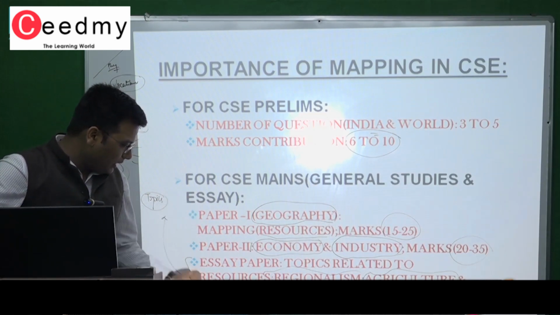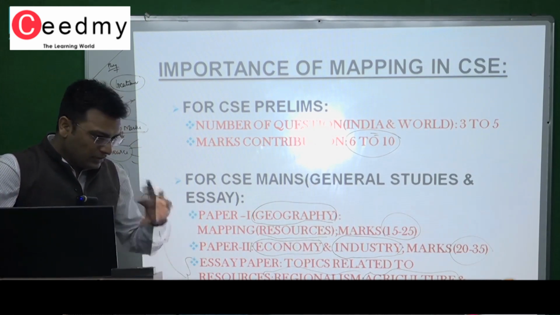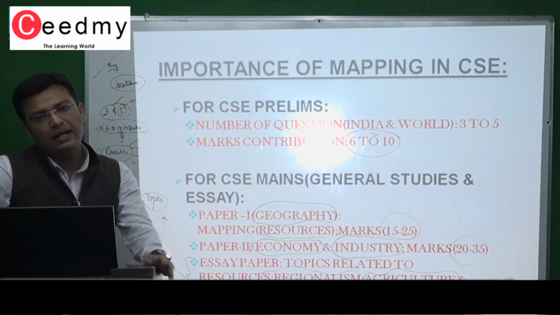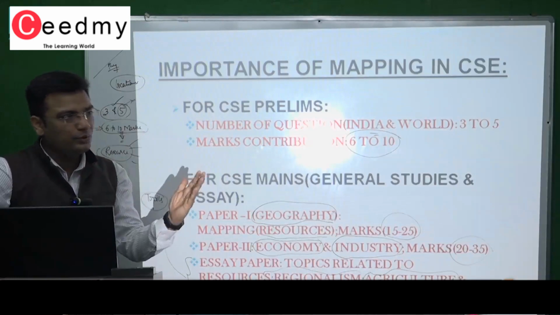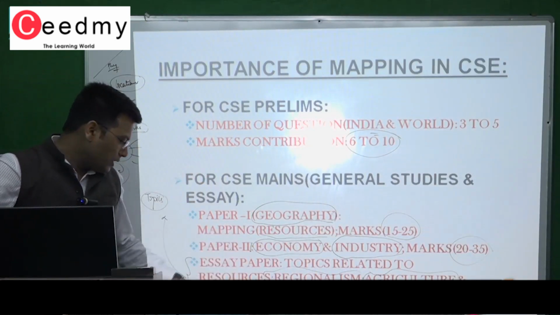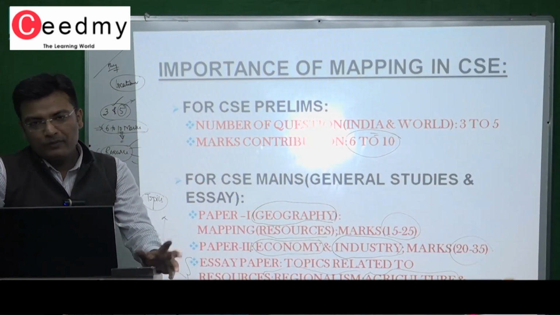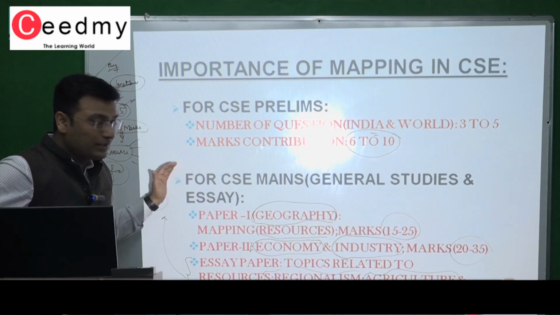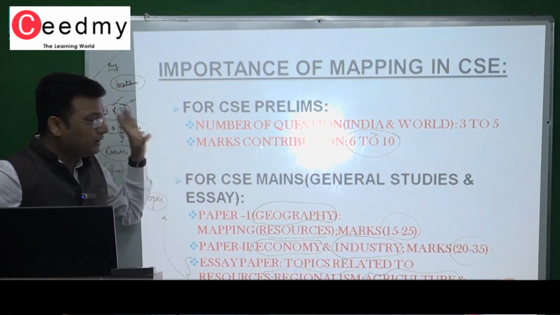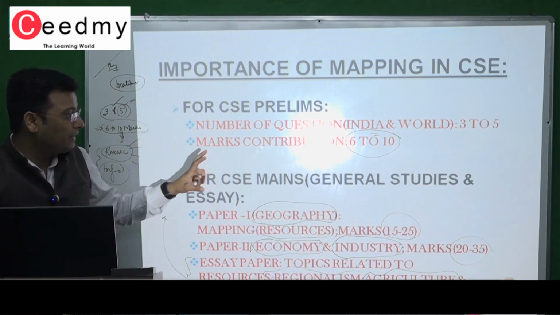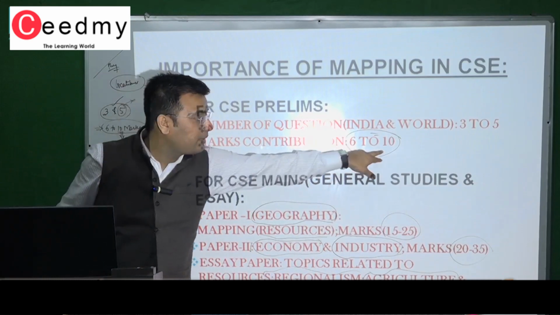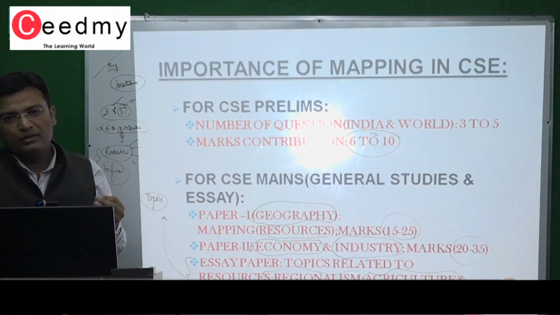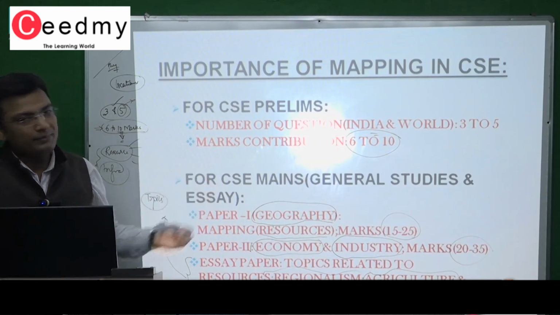You can fetch more marks if you know the location of resources, agriculture, industry, and you can easily relate the social issues and the economic issues with the help of mapping. So in this manner, mapping is very important for the civil services mains examination also, apart from prelims, because it gives you a minimum of 6 to 10 marks very easily in prelims.